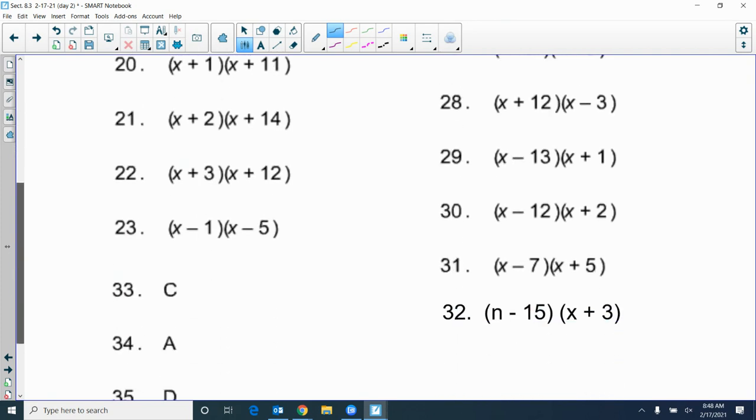And then 32 is n minus 15, and that should be an n plus 3. This should be the same letter, or both x's, I'm not sure which one.